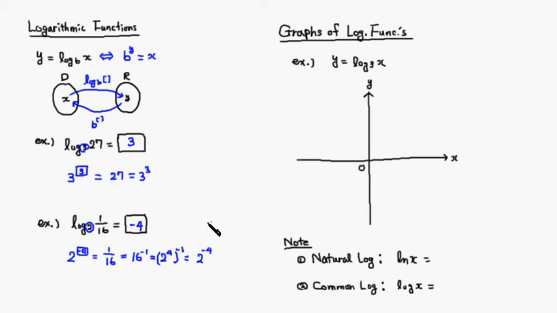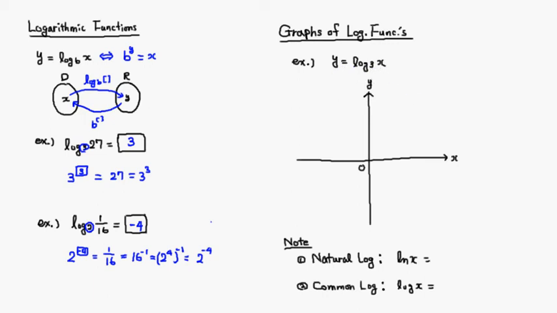Logs are generally a little too hard, so we just think in terms of exponential functions. Since log functions are inverses of exponential functions, we can easily sketch the graph of log functions. Let's look at the example y equals log to the base 3 of x.